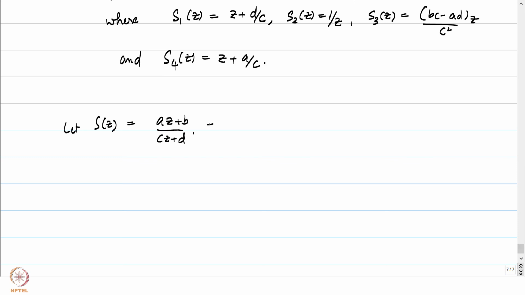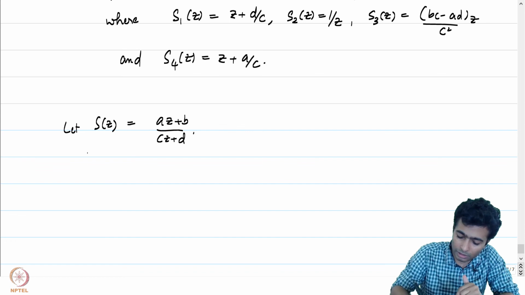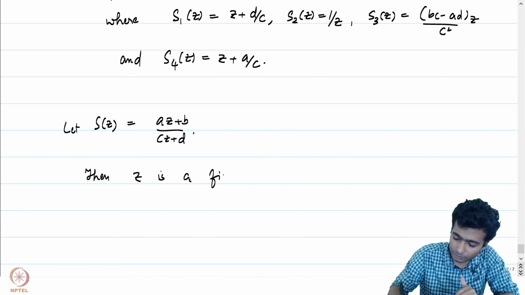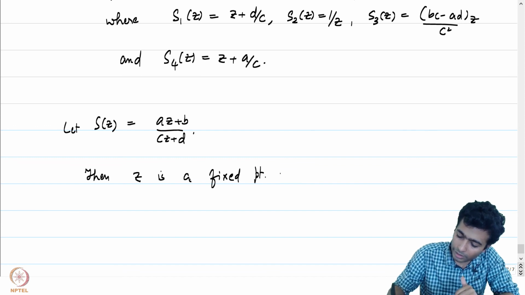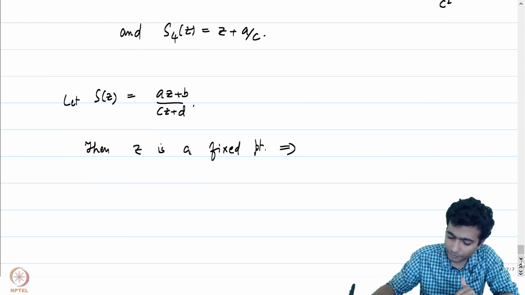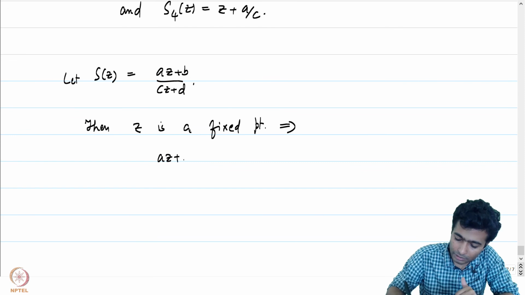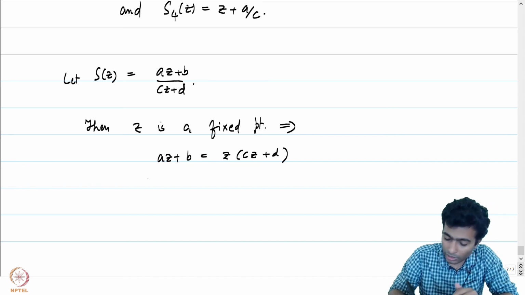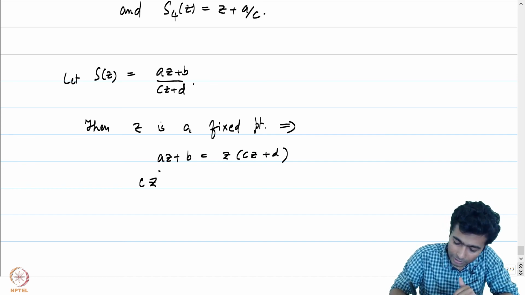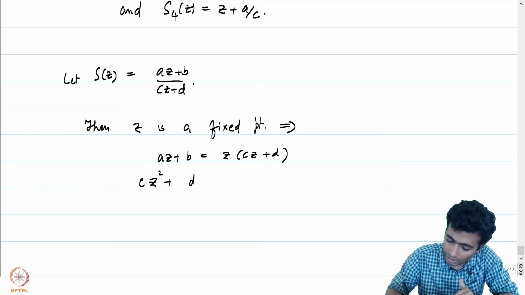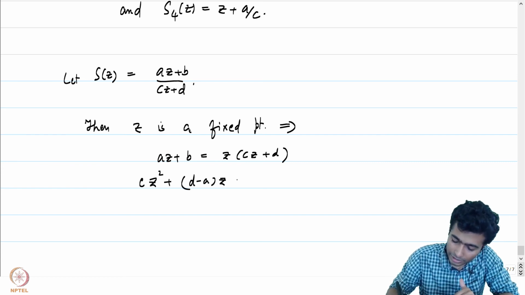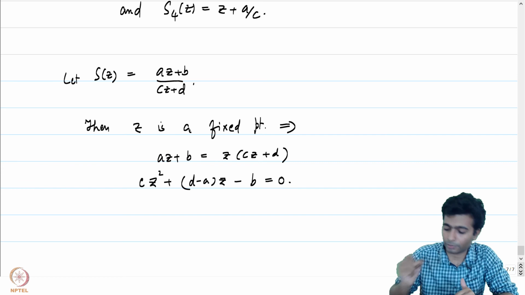So let S of Z be equal to AZ plus B by CZ plus D. Then Z is a fixed point implies that AZ plus B is equal to Z times CZ plus D, and we end up with a quadratic polynomial of the type C times Z square plus (D minus A) times Z minus B is equal to 0.